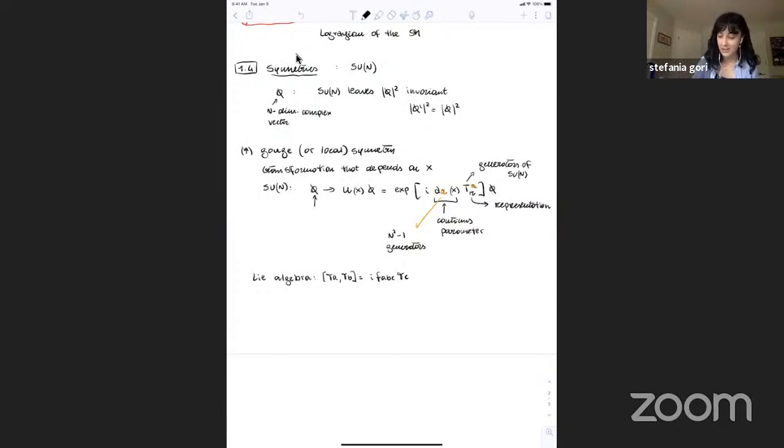Okay, so this is just a very generic introduction about SU(N) local transformations. And then we can be a little bit more specific and connect this to the electroweak symmetry. So if you think about electromagnetism, what we know is that electromagnetism is related to a U(1) local transformation.